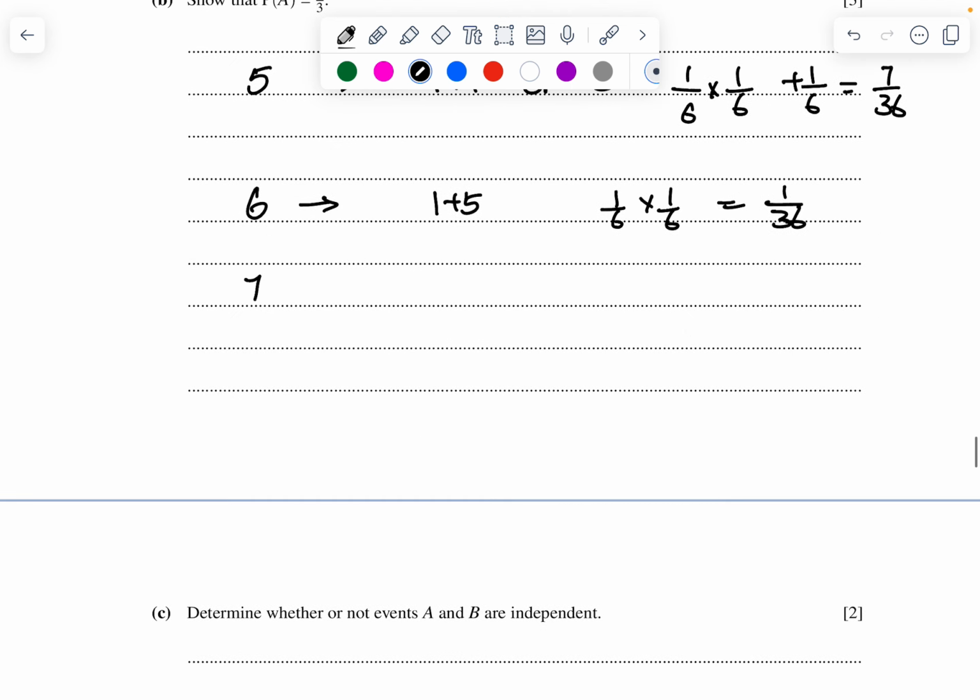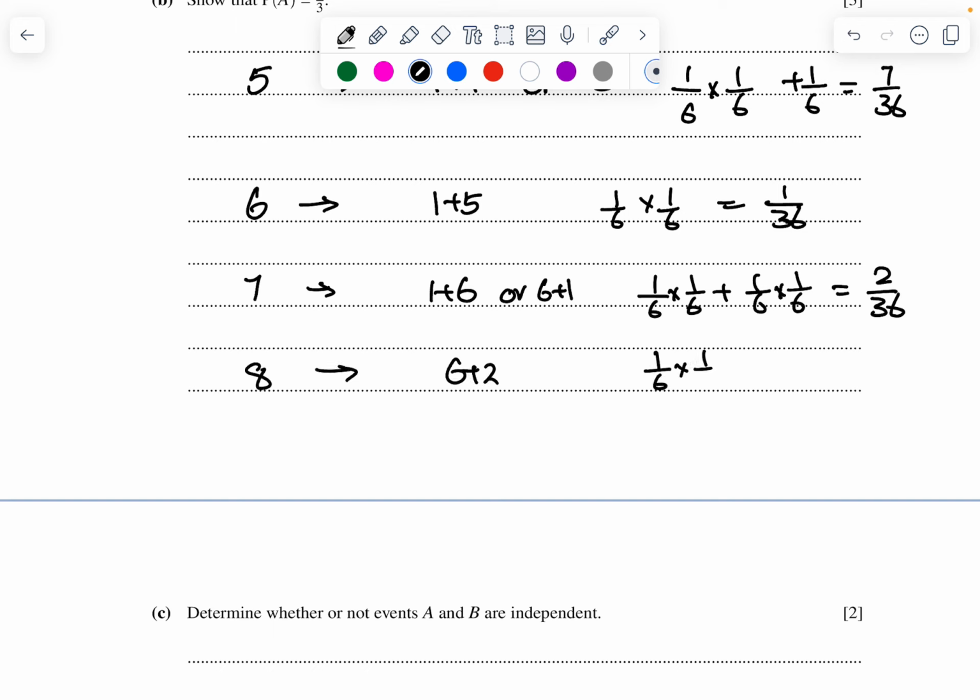Then he can get 7. How can he get 7? 1 plus 6 or 6 plus 1, which is 1 upon 6 times 1 upon 6 plus 1 upon 6 times 1 upon 6, which is 2 upon 36. Then he can get 8, as 6 plus 2, which is 1 upon 36.